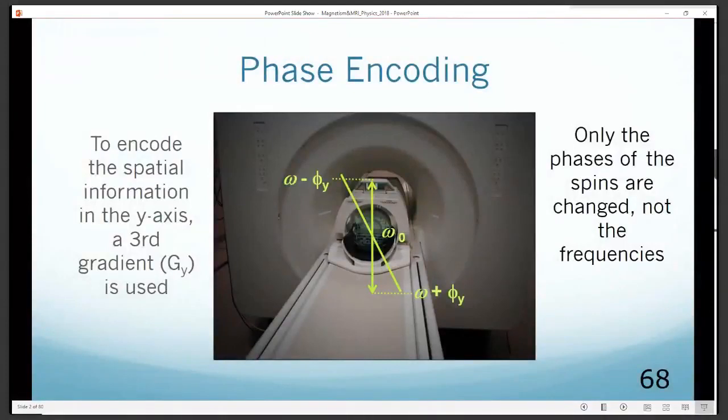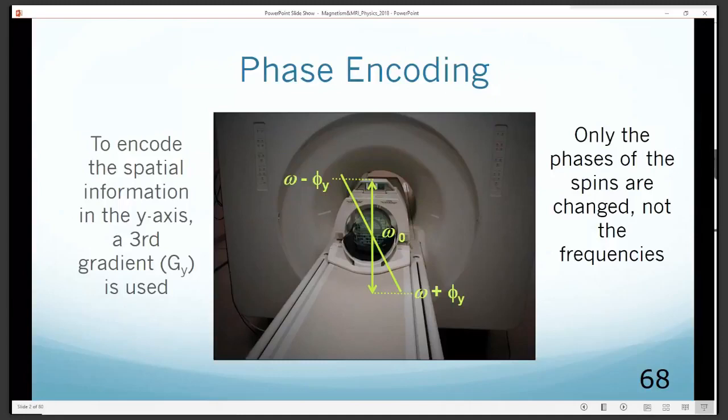The third process is phase encoding. It requires a little more explanation. Phase encoding goes on between RF excitation, after you've given the radio frequency excitation pulse, but before you acquire the data or digitize it. And phase encoding is also different because you only get to phase encode one signal at a time.